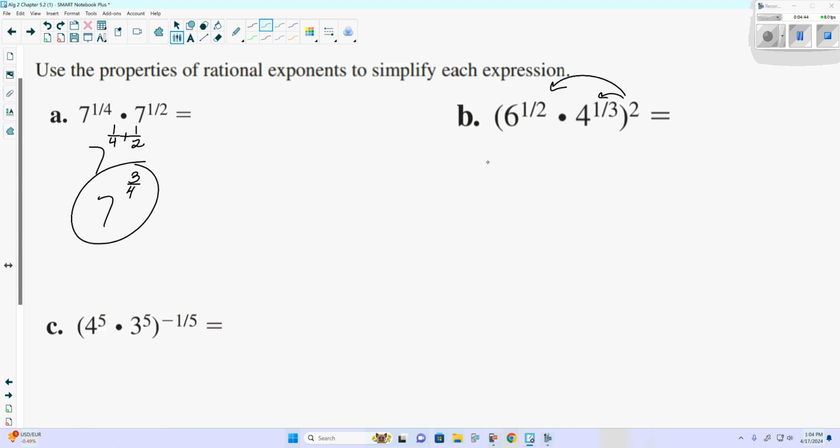So our 6 to the 1/2 squared would be 6 to the 1/2 times 2, times 4 to the 1/3 times 2. Powers of powers multiply. Our 1/2 times 2 would indeed be 6 to the 1st, or just 6. 1/3 times 2 is 2/3.